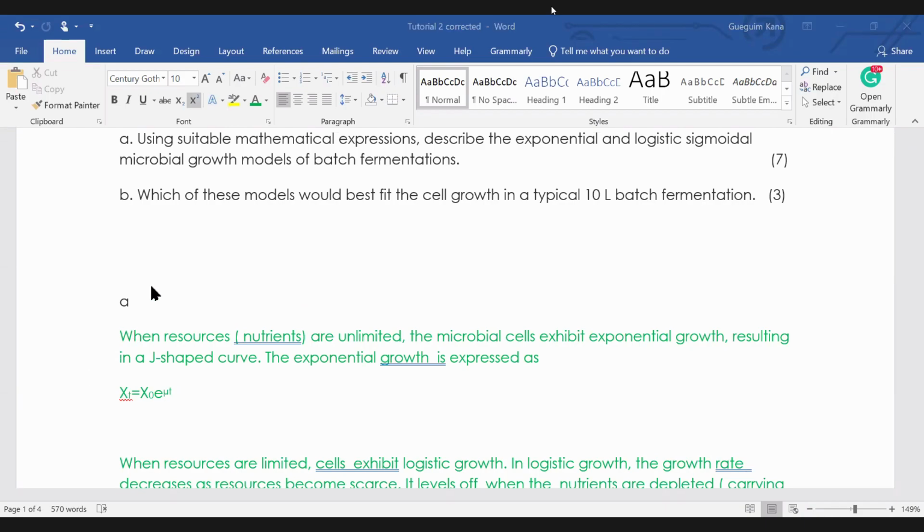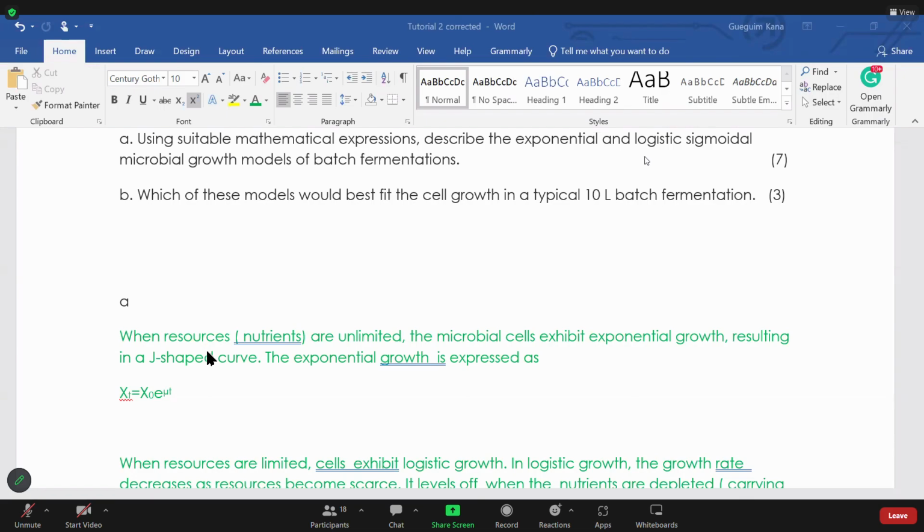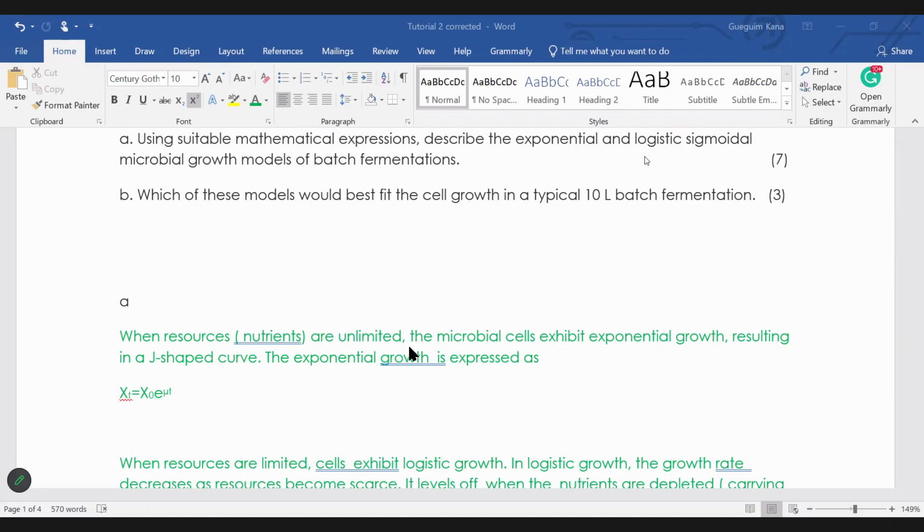What you should have stated in the first question A here was that when the resources are unlimited, when the cells have enough resources, they will exhibit this kind of exponential growth, in which case X of t, which is the cell concentration at any time, will be equal to the inoculum size times exponential of the specific growth rate mu and the time t.